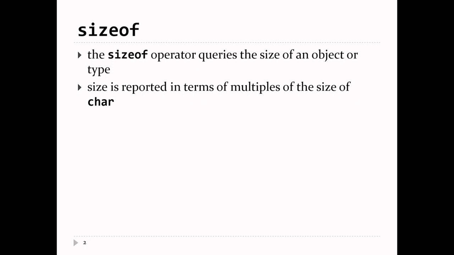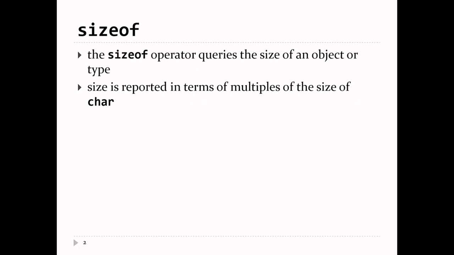If you want to know how big a type is on your particular architecture, you can use the sizeof operator. sizeof queries the size of an object or type. What you have to remember here is that sizeof always reports sizes not in bits, but in multiples of the size of char.